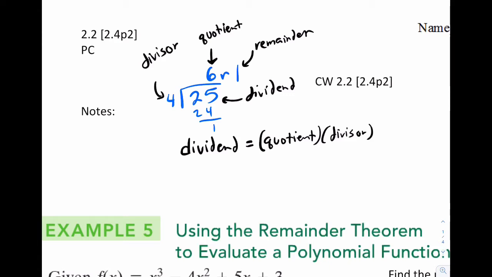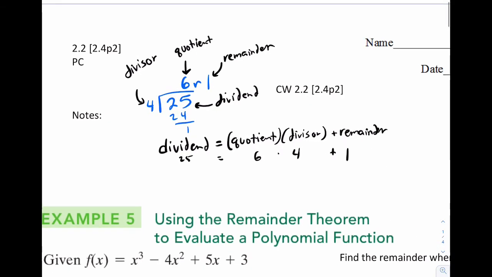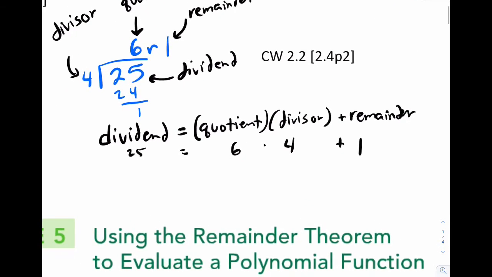So imagine you have your 25 right here. We're saying 25 is equal to 6 times 4. And look at how this remainder 1 plays into it. Just want to add it at the end. So plus your remainder. So we can actually think of division as some algebraic process like that.